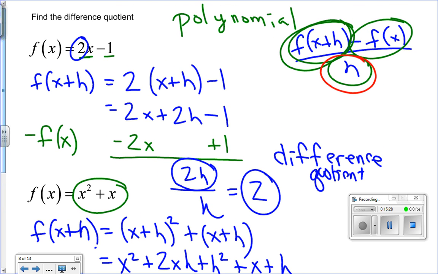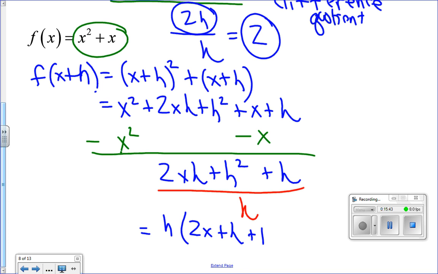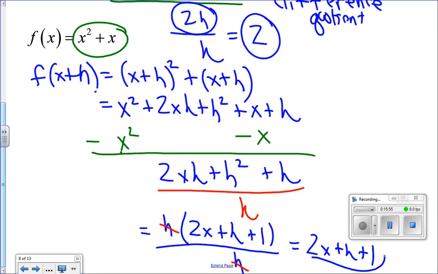Let's divide by h, and every term should have an h in it, so let's factor that out. We get h times 2x plus h plus 1, and dividing that by the h lets me cancel it out. So then my difference quotient is 2x plus h plus 1. That is my final answer.